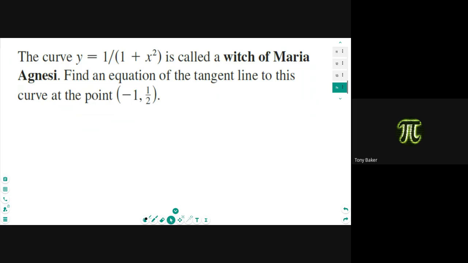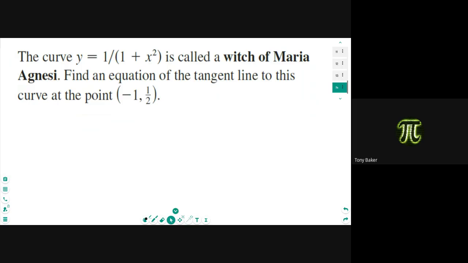Be the last one. I actually had to look it up. Hold on.